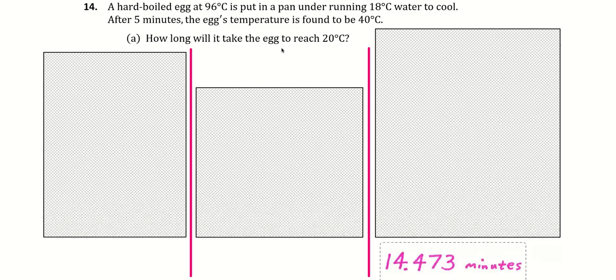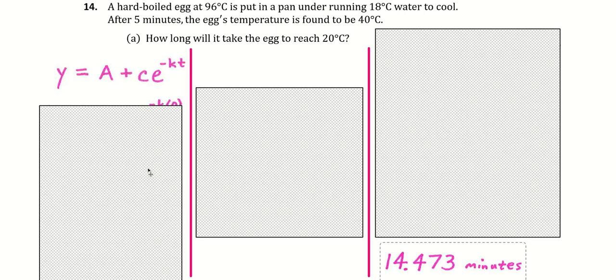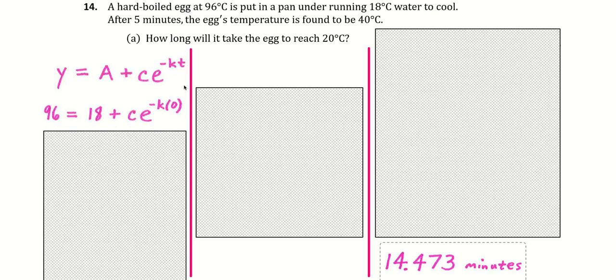So, all right. Once again, you kind of have to force there to be a times 0. So we're going to call the fact that originally it was 96 degrees, at 96 degrees, that's the starting time. That time equals 0.